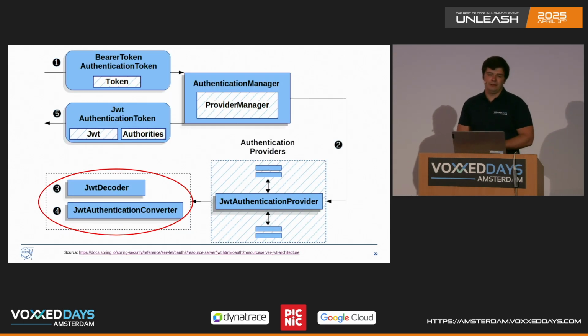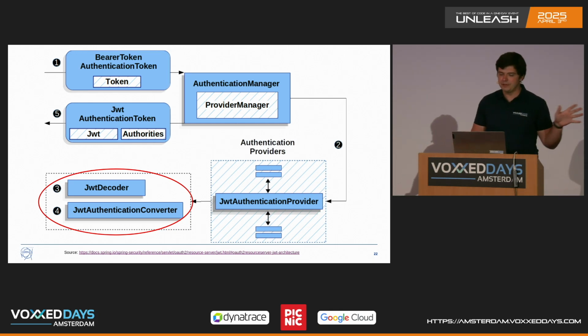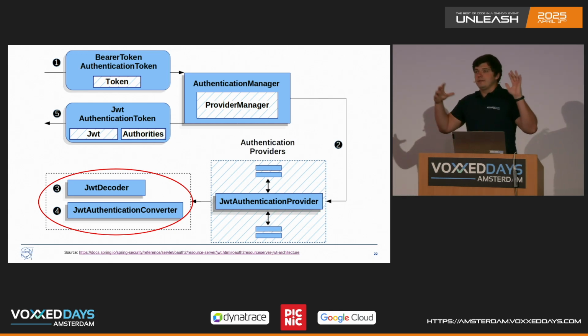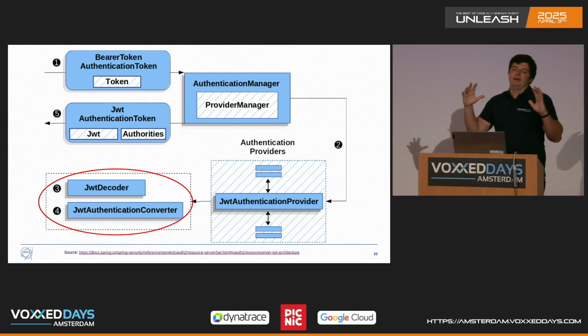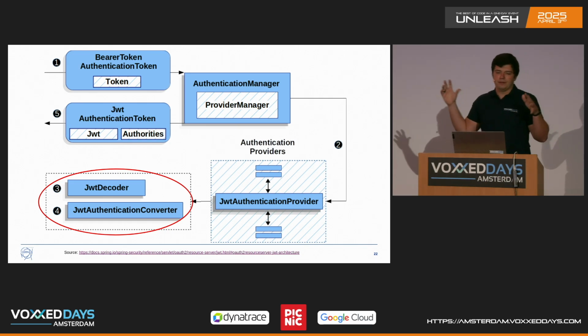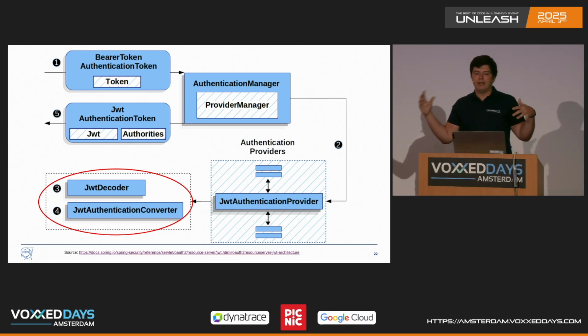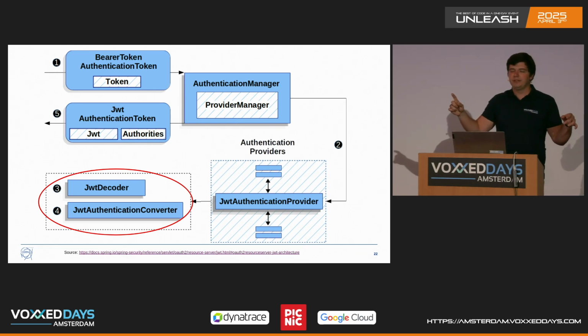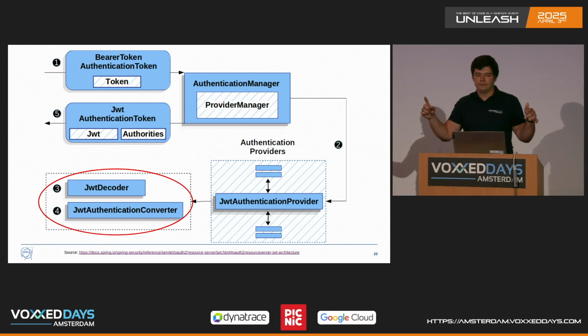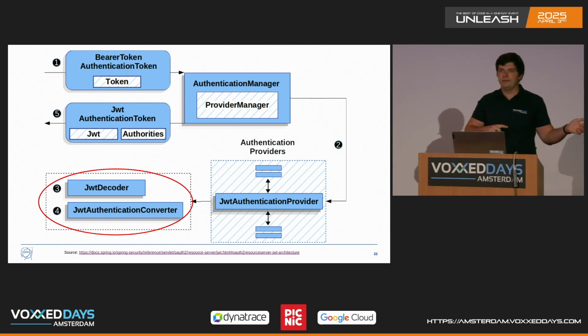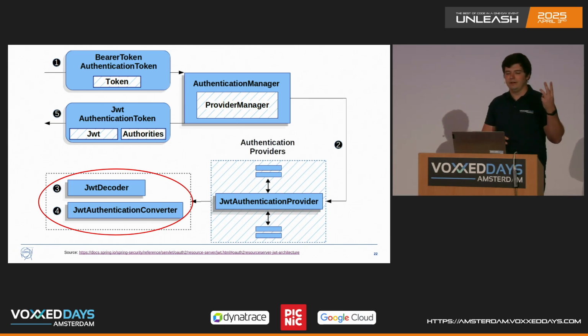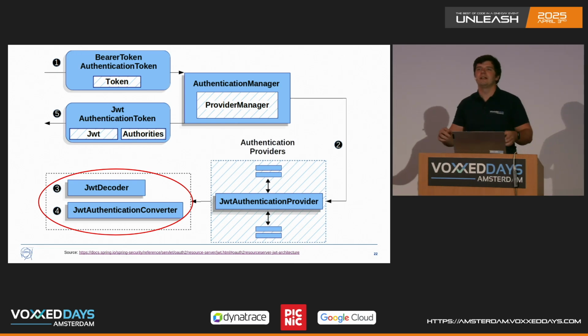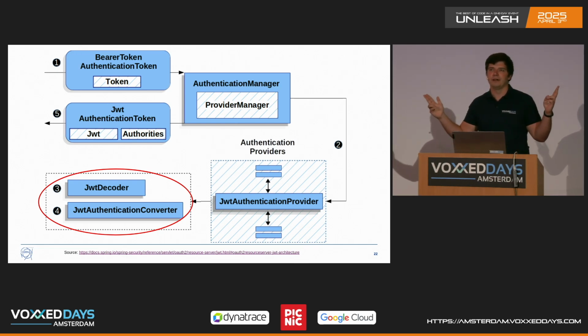So you take out the Spring documentation on how to use the resource server. And there's a very nice diagram there saying, OK, you get the bearer token, which is an authentication token. The manager uses it and so on. And then it uses something called the JWT authentication provider together with the decoder and the authentication converter. The decoder is basically, it takes the string, the base64 encoded string, right?